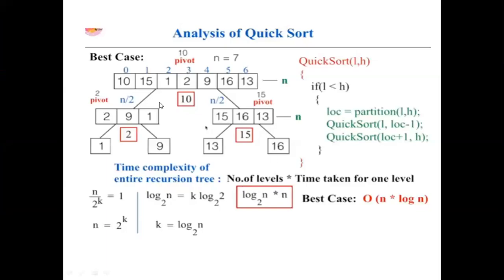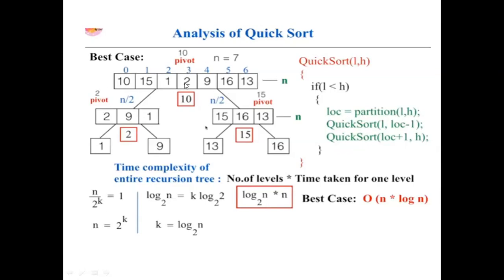So this is the best case analysis of quicksort. First we check: L is the first element, we call it low, and H is the highest element, low less than high. If the condition is true, then we partition low and high by swapping the pivot element. We perform partition, then we perform quicksort on the left side and on the right side.